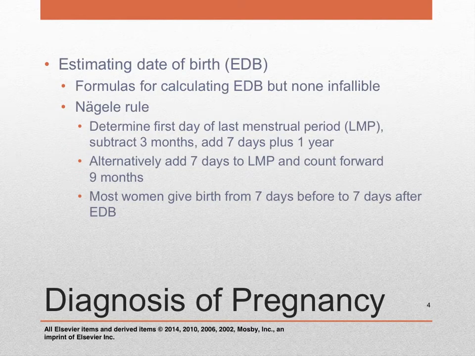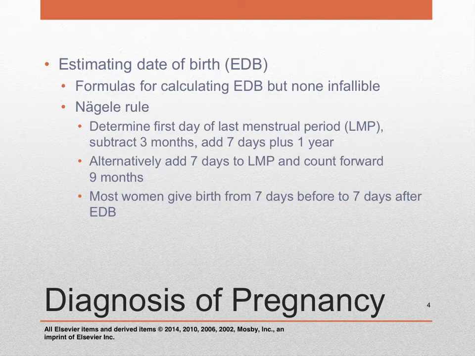One of the things in this chapter that is very important, and I can almost guarantee that somebody out of your class is going to see Nagel's rule on boards. This is a calculation that you use to determine the estimated date of birth. To do Nagel's rule, you take the first day of the last menstrual period, subtract 3 months, and then add 7 days plus 1 year.